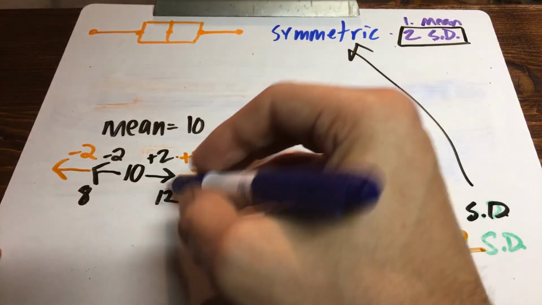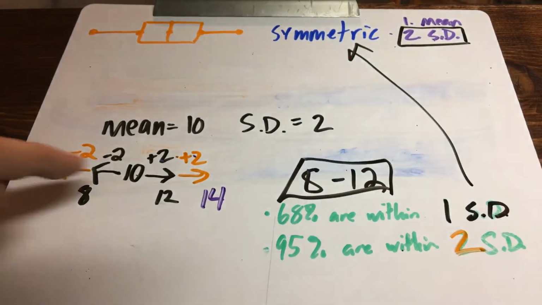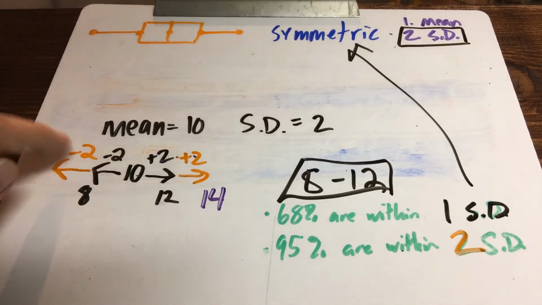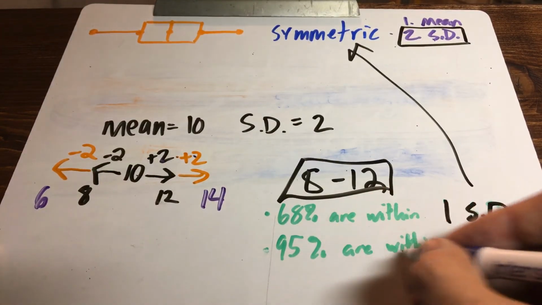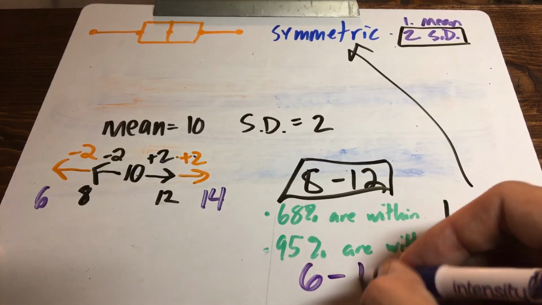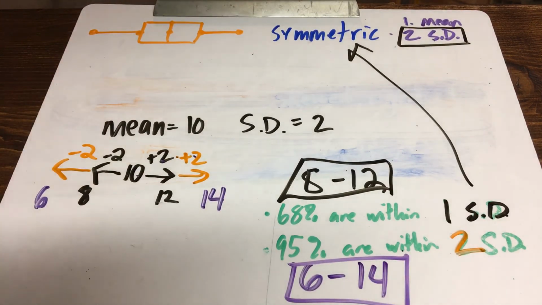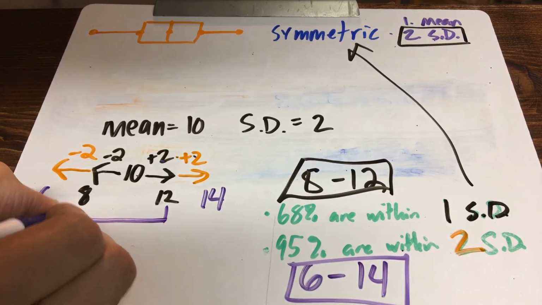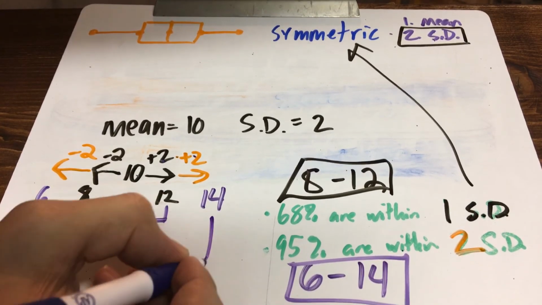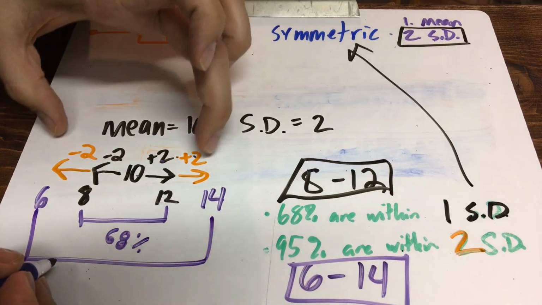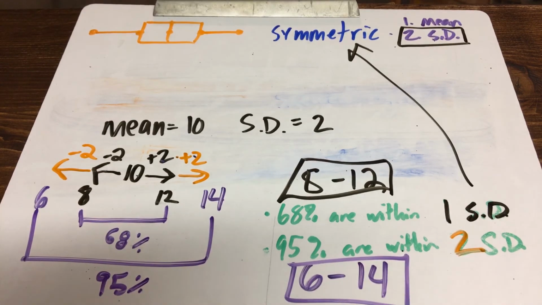So if we go 2 more to the right, 10 plus 2 plus 2, we're all the way out here at 14, or 10 minus 2 minus 2, we're going to be all the way down at 6. And so I could say 95% of my numbers are in between 6 and 14, right? And so 1 standard deviation away includes 68% of your data. And if you extend that to 2 standard deviations, now you get 95% of your data.